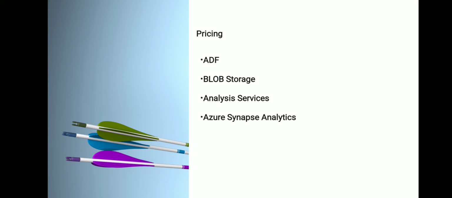Now what you need to do is check the prices of these 4, and similarly you can create a table, and there is a calculator called the ADF Pricing Calculator. You put in all these activities, the number of activities, and the price, and then you get a complete price.